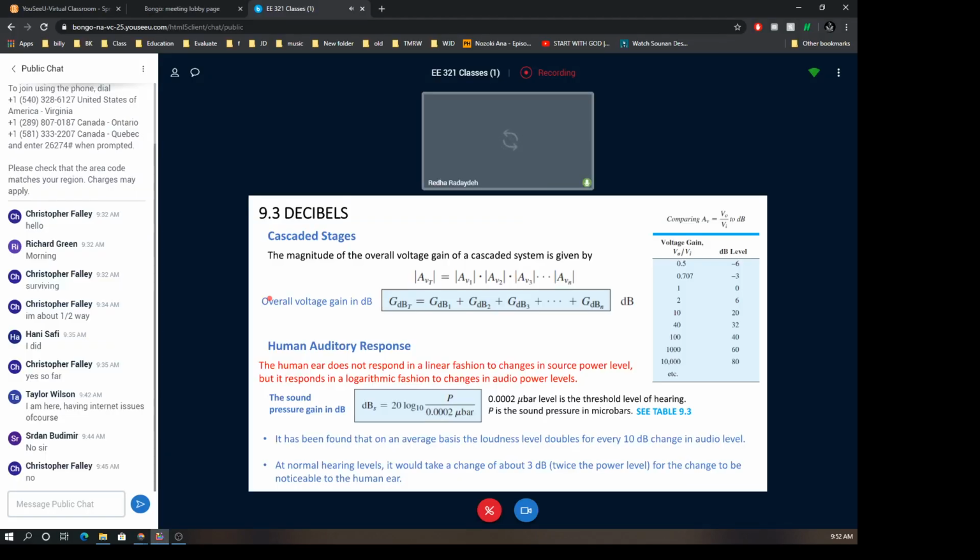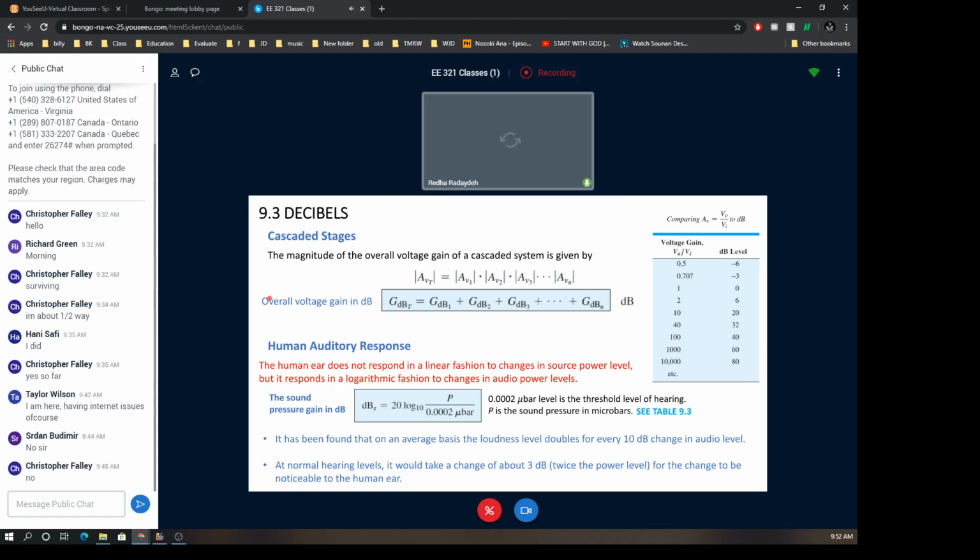Now for the cascaded structure of amplifiers. We have a multiple stage amplifier, and you find the magnitude of the overall gain to be the multiplication of the individual gains provided by the amplifier stages. We know this result. And in decimal, you just multiply the individual gains of individual stages.